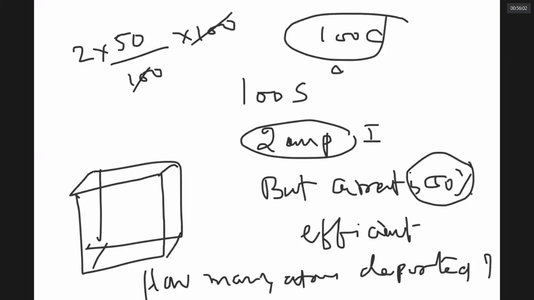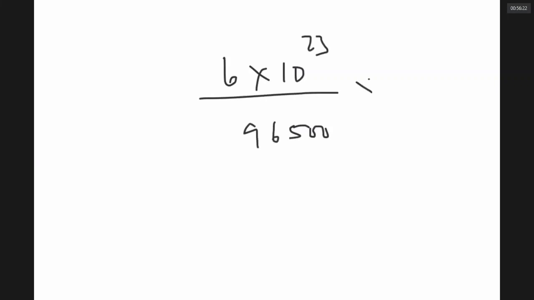You know, 96,500 coulombs is equal to 1 equivalent weight of copper, that is 6 into 10 to the power 23. If it is only 100 coulombs, how many atoms? You can solve it now: 6 into 10 to the power 23 by 96,500 into 100.